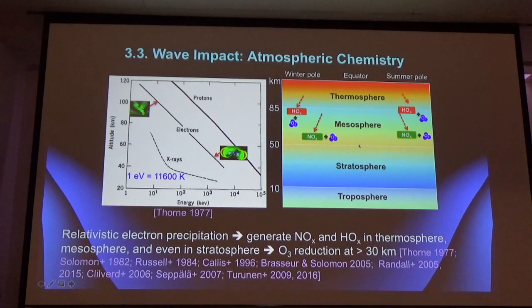Especially in the polar winter, the NOx created in the mesosphere can further be transported down to the stratosphere and reduce the ozone concentration there. So as we can see, the energetic electron precipitation can indirectly affect the Earth's climate through reducing the ozone concentration.